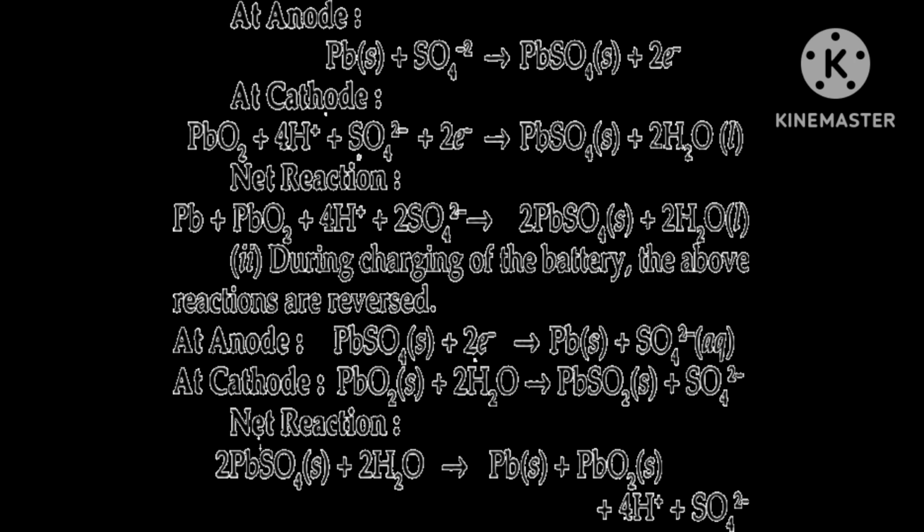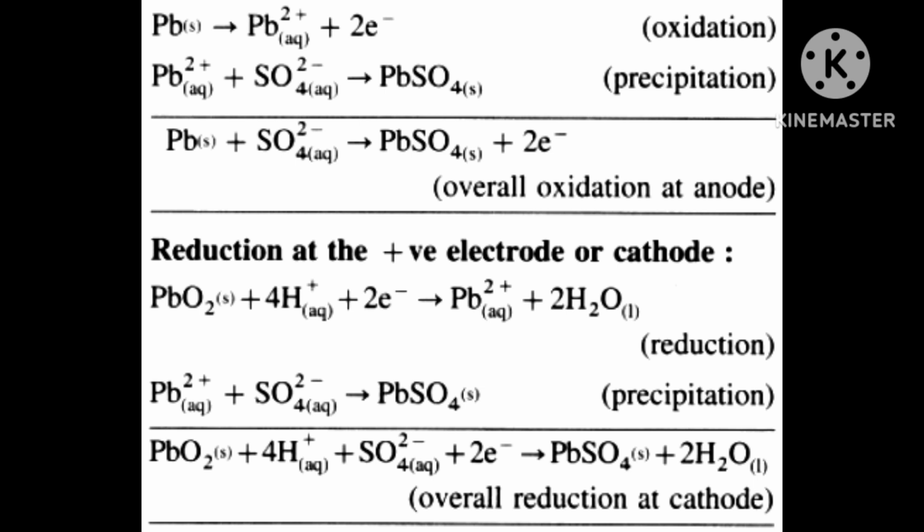And at the cathode, there is nickel hydroxide, because you are using KOH, so nickel quickly forms nickel hydroxide, and that functions as the cathode. The nickel hydroxide plus 2 electrons given by the anode will react and give 2 Ni(OH)2 plus 2OH minus.